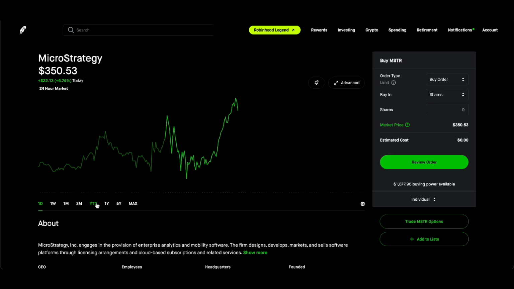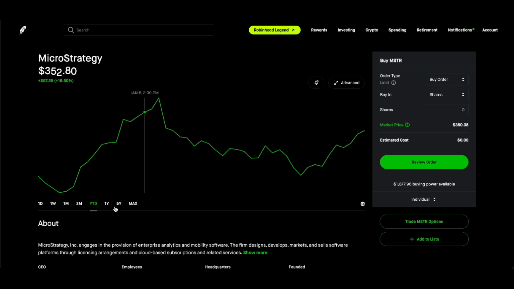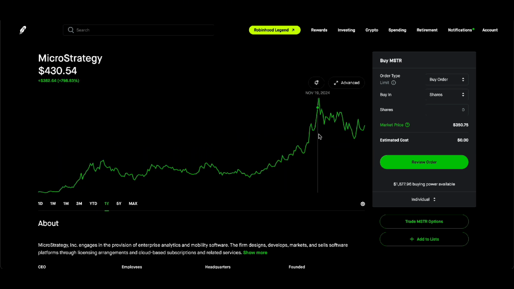If you go back here, in this past 1 year, MSTR or MicroStrategy price at its peak was $473.83, and currently it is at $350. So if you had bought 100 shares of MicroStrategy at $473, you would have lost more than $120 per share, or $12,000 per contract since the top.